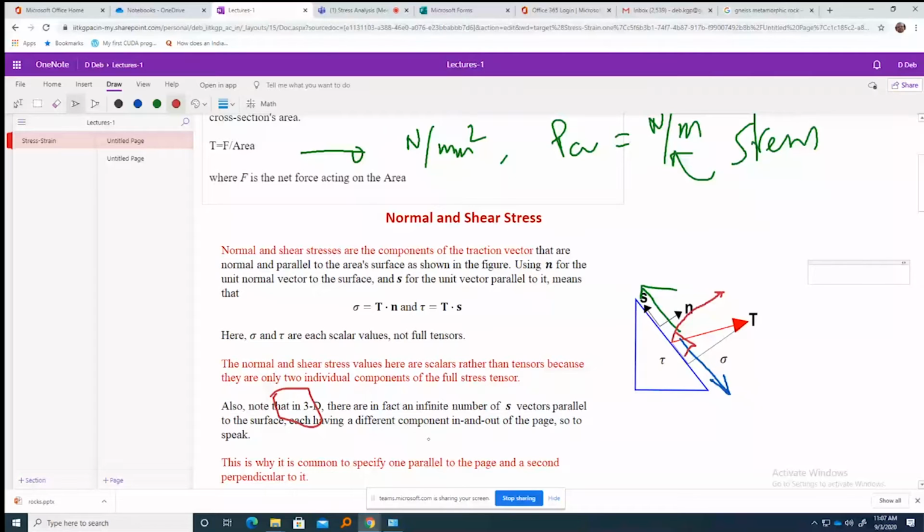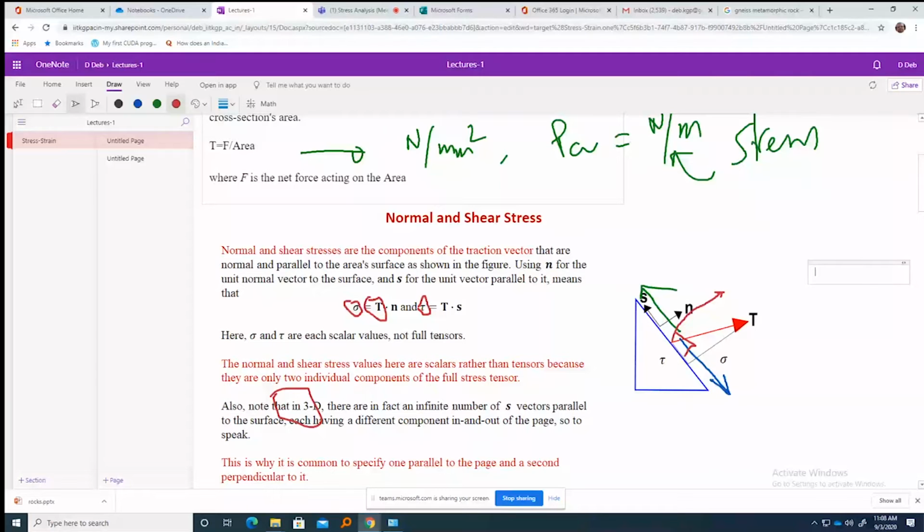Now, how does this traction, which is T, relate to the stress, which is the normal stress sigma? Later on, we will write it as sigma n, and the shear stress tau. Normally, we designate it by tau. So, how they are related to each other?